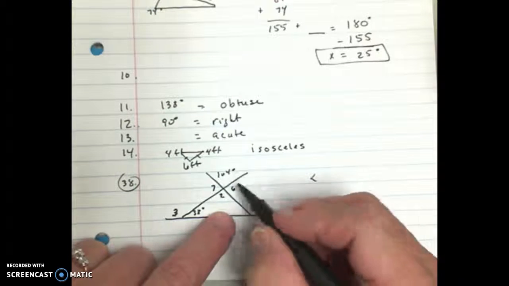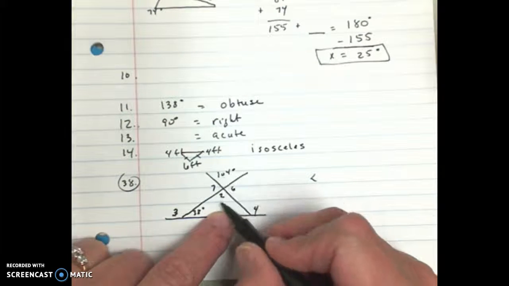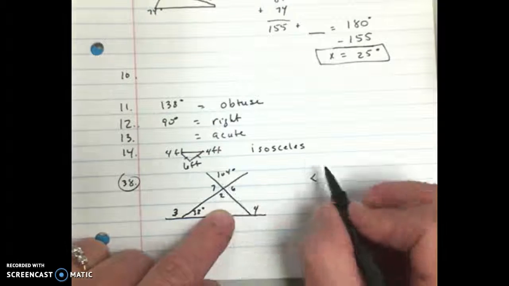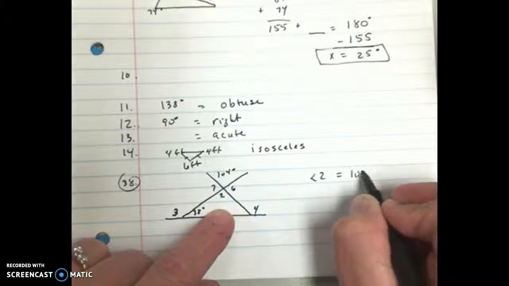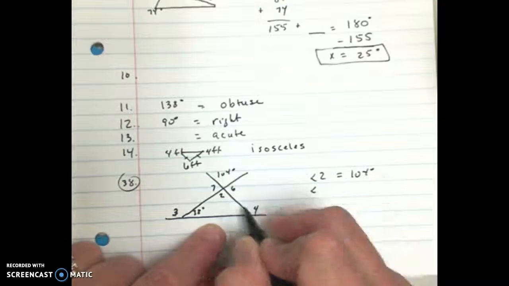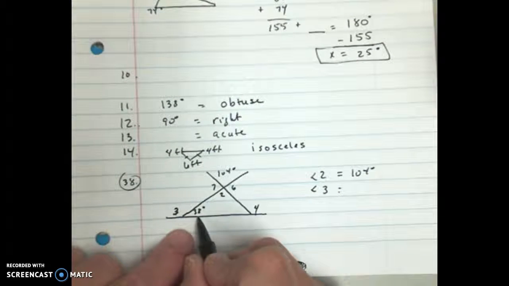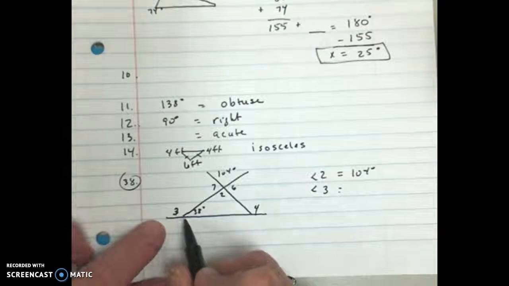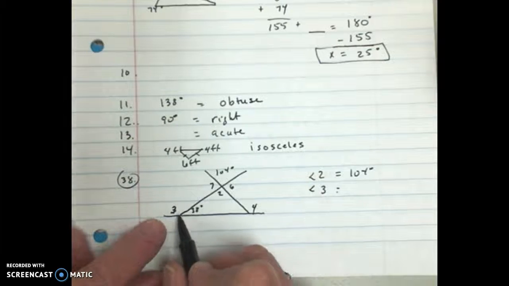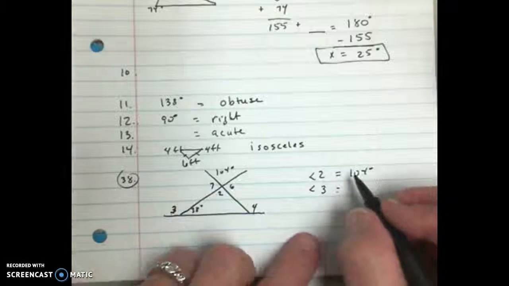Okay? So if we want to find the missing angles, we know that angle 2 is a vertical angle of the 104 degrees. So vertical means opposite of that. So we know that angle 2 is equal to 104 degrees. That's our starting point. And for angle 3, we use what we know about supplementary angles. Angle 3 and 38 degrees is going to equal 180.